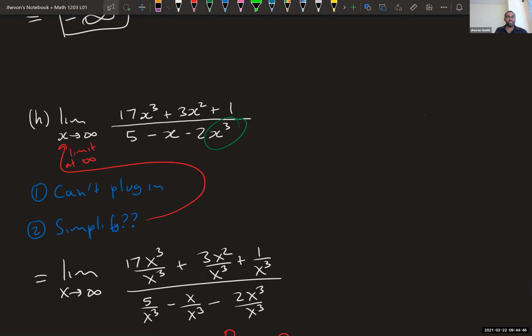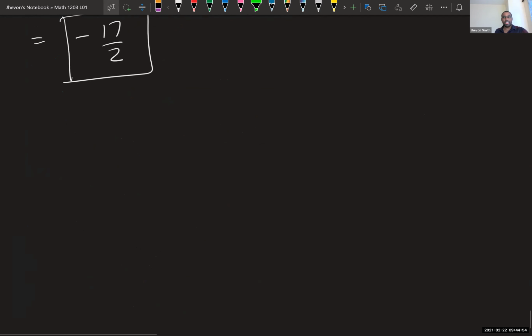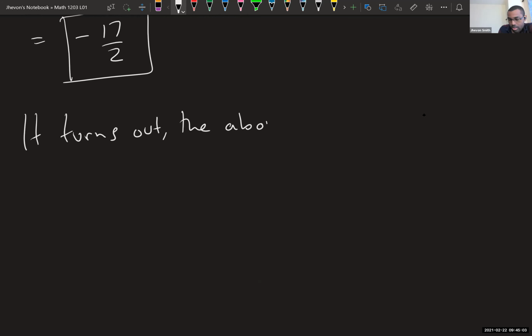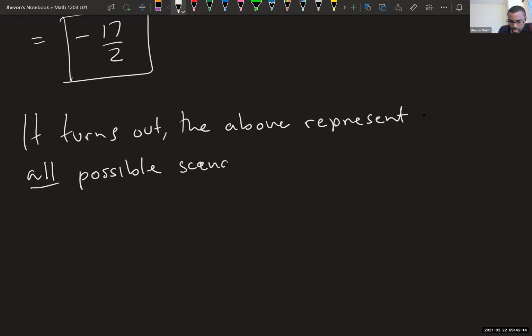Right? Interesting. Now, it turns out that there is a special technique hidden here, which is the second special technique I'm going to tell you. It turns out the above represent all possible scenarios for a special case. There's a special technique hidden here.